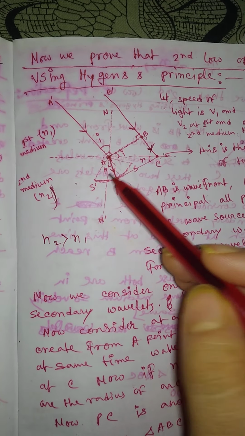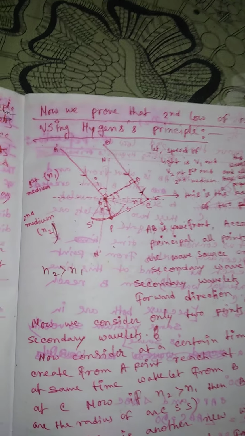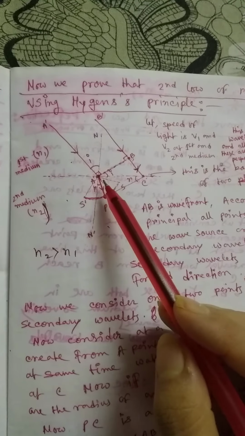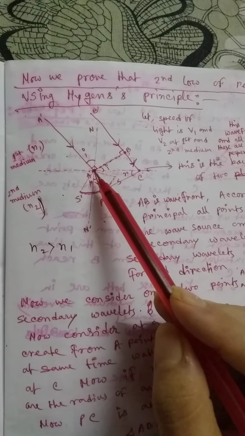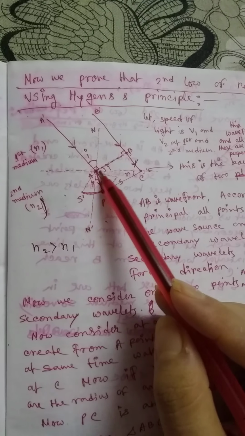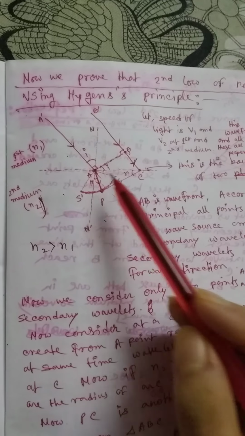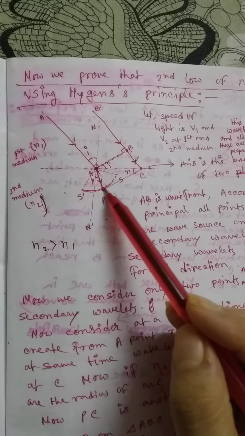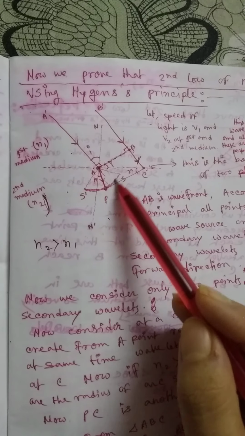So here I am assuming that after t time, suppose after t time, light from the A source reaches S dashed.